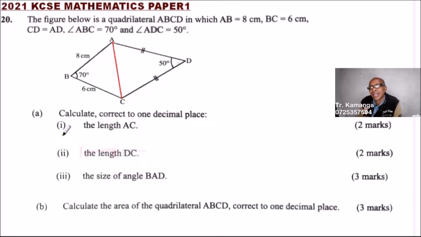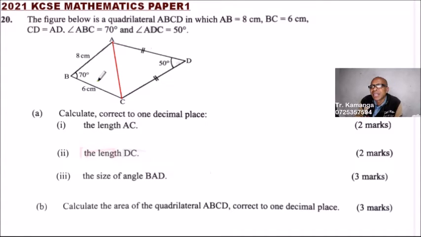We say AC squared is equal to AB squared plus BC squared minus 2. Instead of doing that, I would rather use small letters.